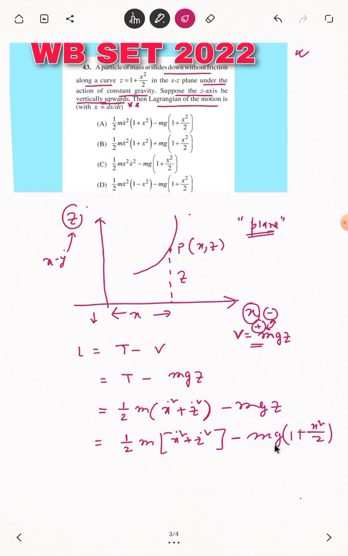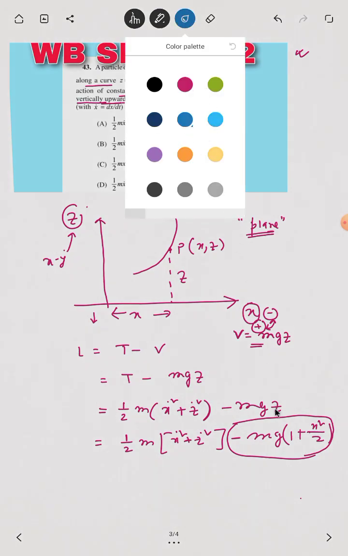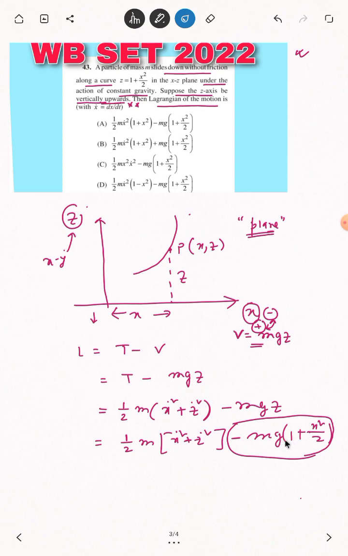Now we will see how many options are eliminated through this portion. Just take a look. Minus mg 1 plus x square by 2, here this is a plus sign, so this is eliminated. Here also mg 1 plus x square by 2, so these three are equivalent.